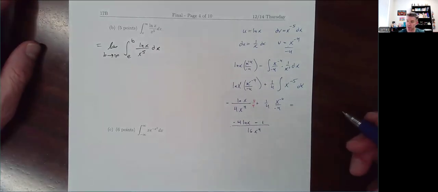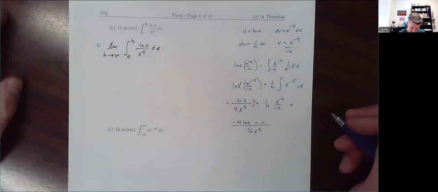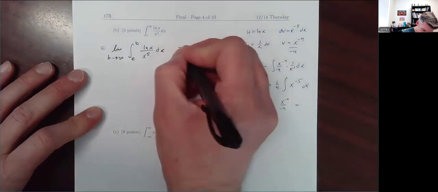Interesting. Okay. I think it's worth getting a common denominator here. It's going to be easier to deal with, I think. So now we're going to do this part here.